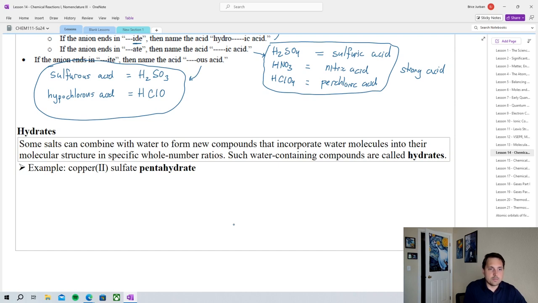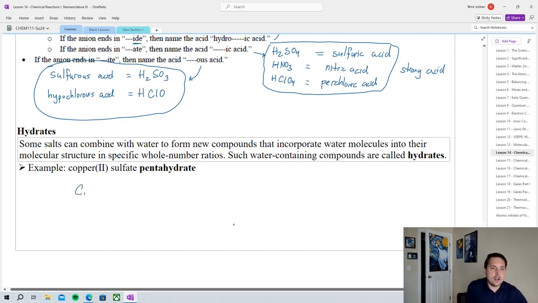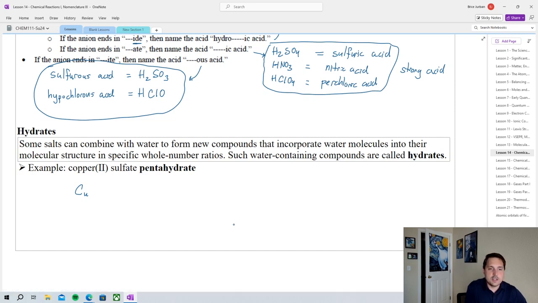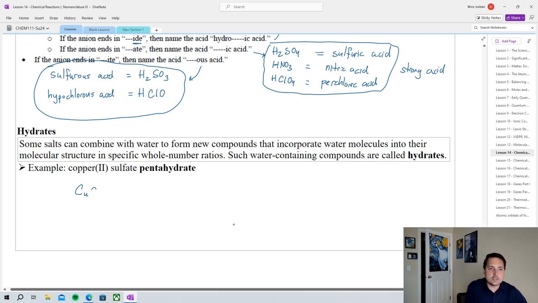And what we'll do is we'll indicate how many water molecules after, if it's known, with a Greek prefix. So penta being 5. So these are the same Greek prefixes as when we're naming covalent compounds. So copper 2 sulfate pentahydrate. Well, copper 2 is Cu2 plus, and sulfate is SO4 2 minus.